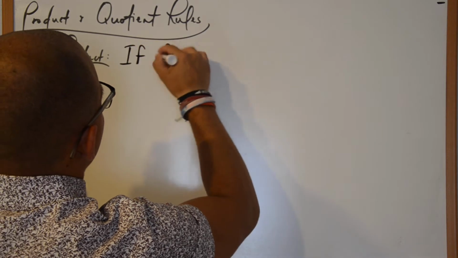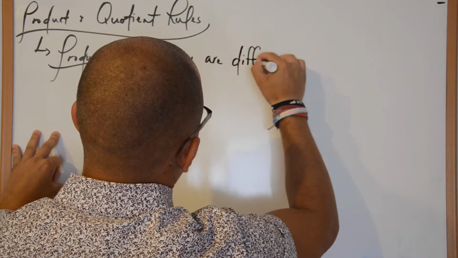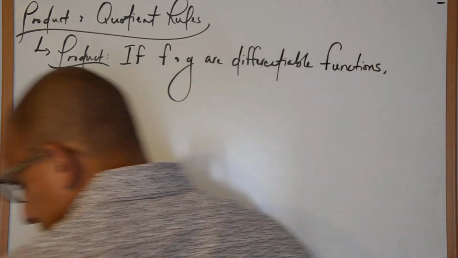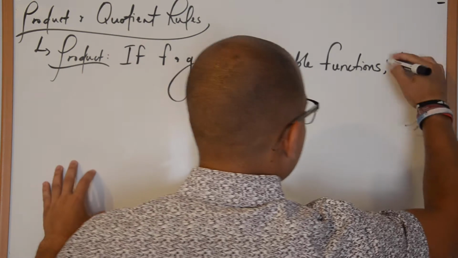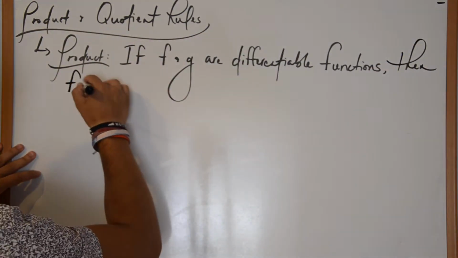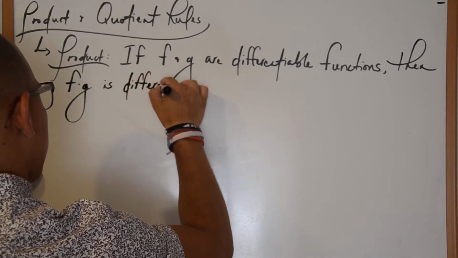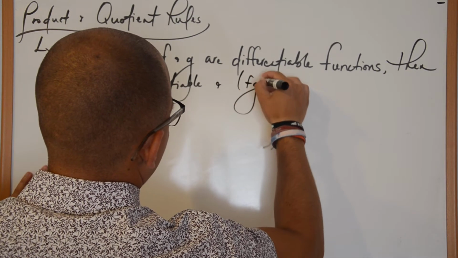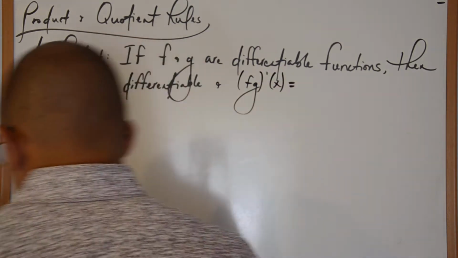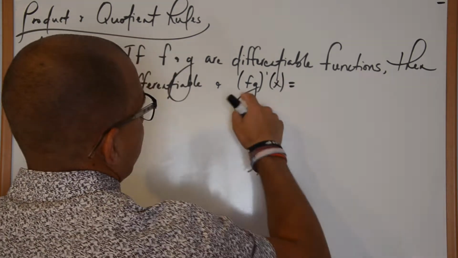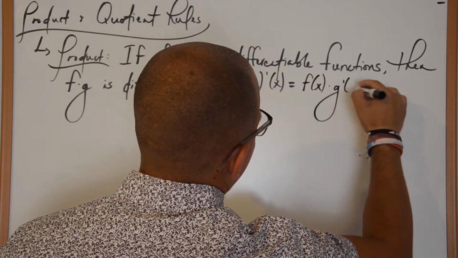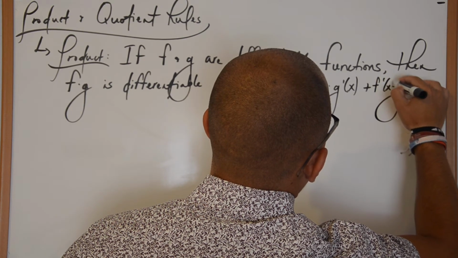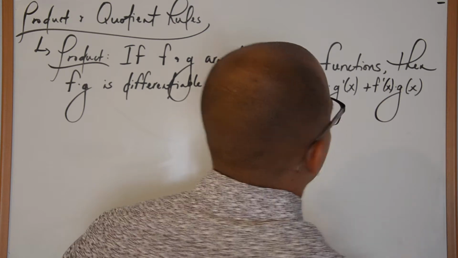So let's say if f and g are differentiable functions, then their product is also differentiable, and the way we compute it is we take the first function and multiply it by the derivative of the second, and we take the second function and multiply it by the derivative of the first.